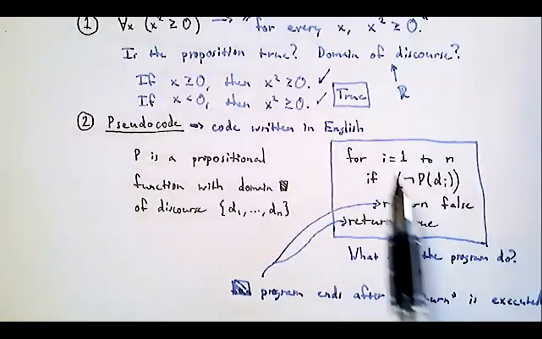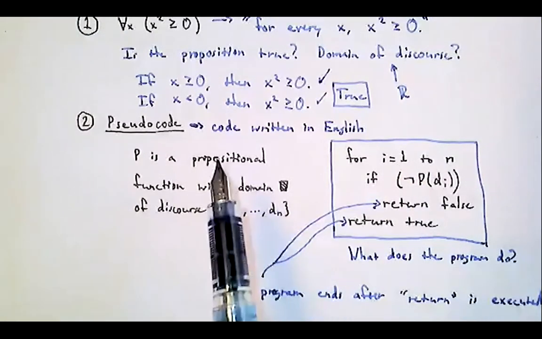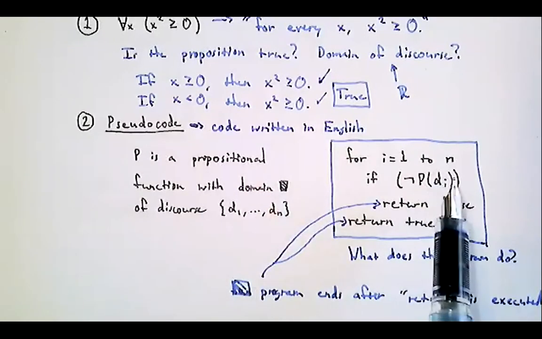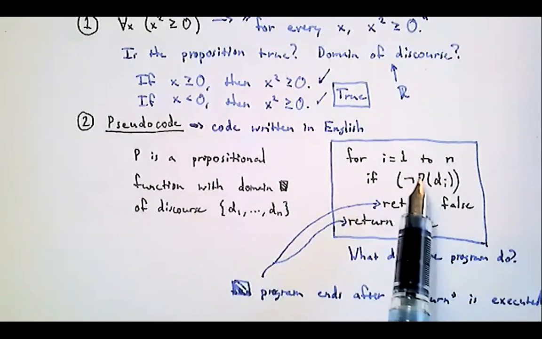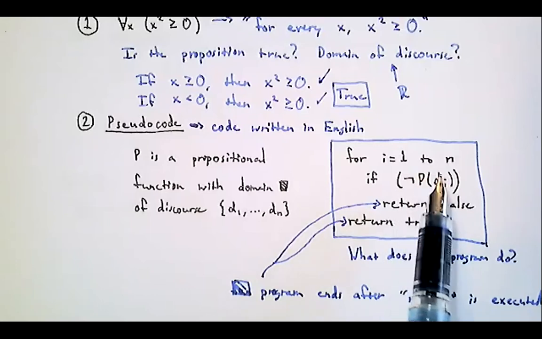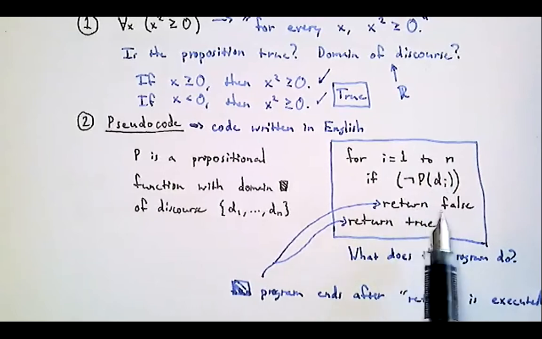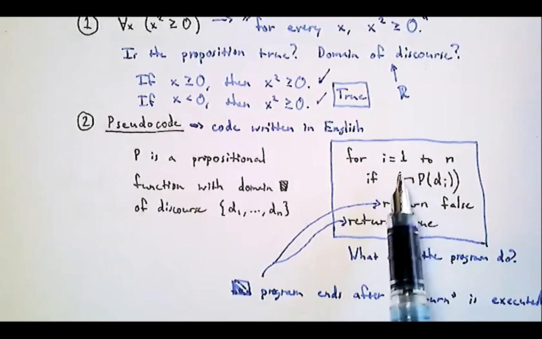So what's going to happen here is if you plug one of these into your proposition and your proposition is false, you're going to add a negation on it, and that's going to make this whole proposition in parentheses true, but this is false. So adding a negation to a false proposition makes it true. And that's the case where it's going to return false from the program.